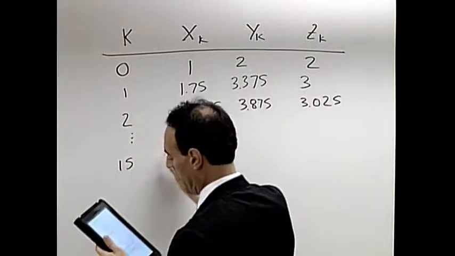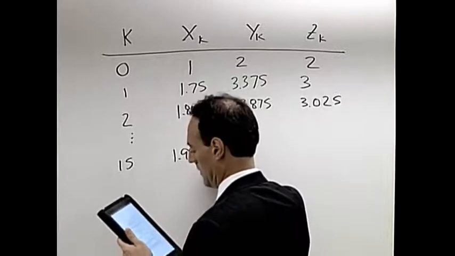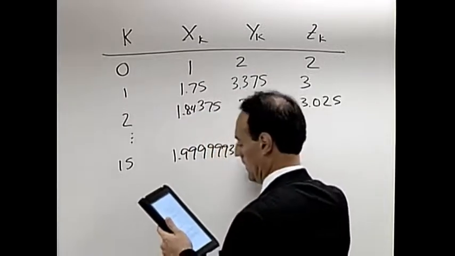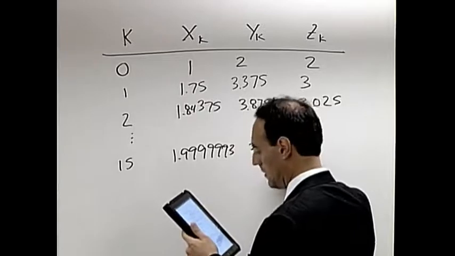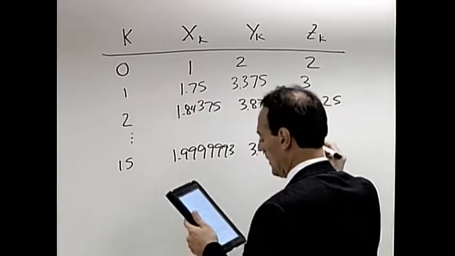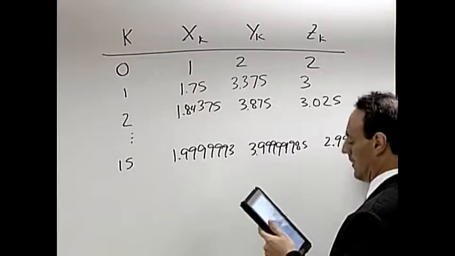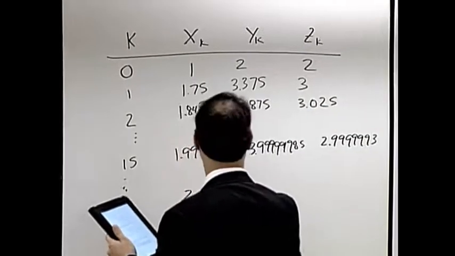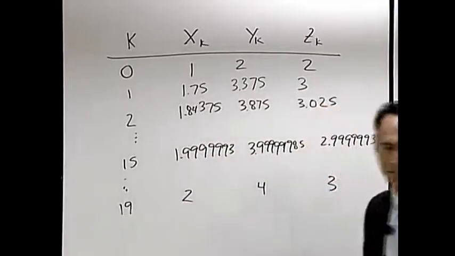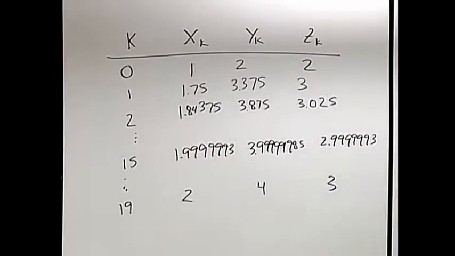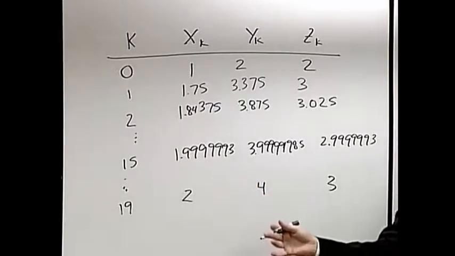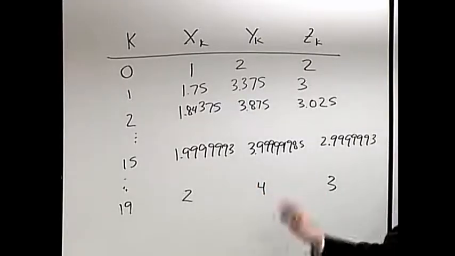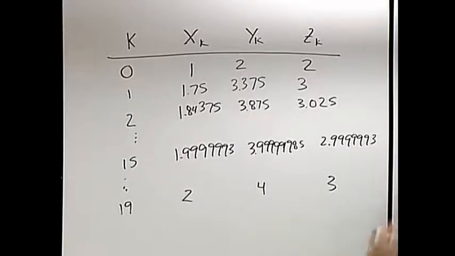I go down, and after 15 iterations, and then after 19 or 20, I have 2, 4, 3. Whew. It's like magic, because you know what the answer is? 2, 4, 3. I just let this thing start iterating, and it just went down to the solution.